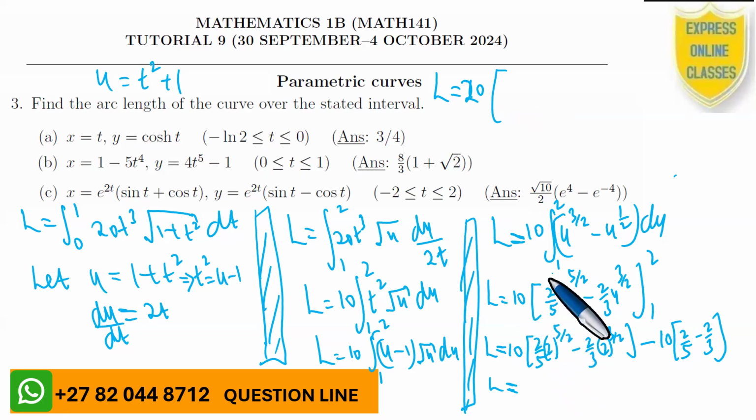And 5 out of 2, we've seen that is actually 2 plus 1/2, which is 2.5. 2.5 is the same as what? 2 squared and 2 to the 1/2. So we can write it as 2 squared, and then the square root of 2, you divide by 5. Minus, the 2 has been extracted, to the square root of 2, you divide by 3.